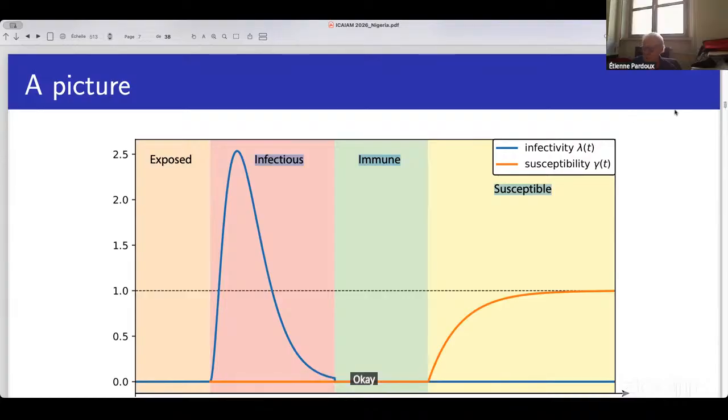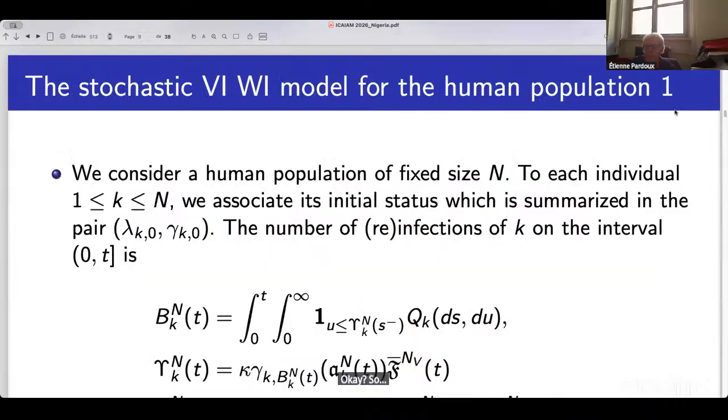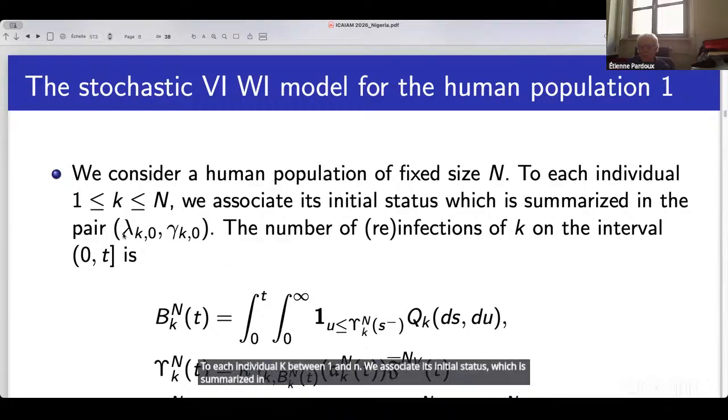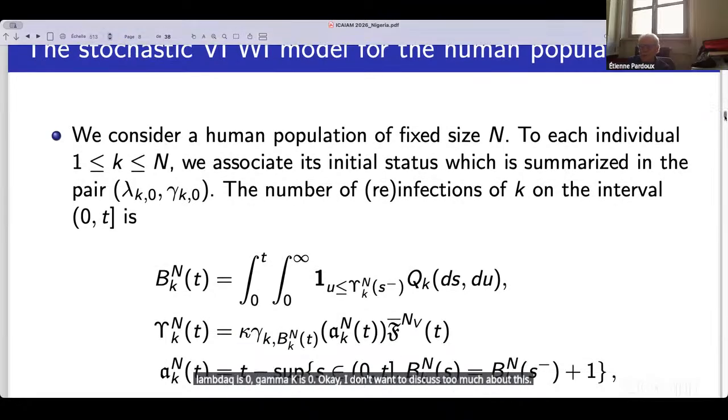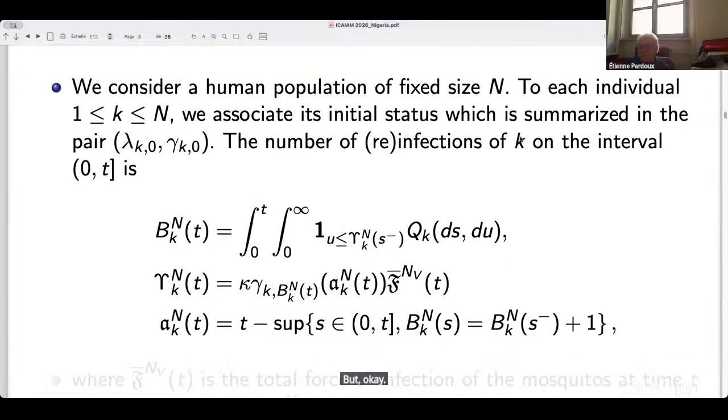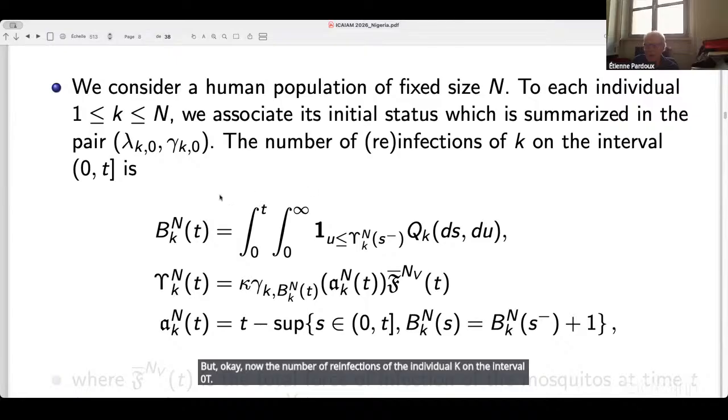Now we consider a human population of fixed size capital N. To each individual K between 1 and N, we associate its initial status, which is summarized in the pair lambda K0, gamma K0. I don't want to discuss too much about this. It's not too important. But now the number of reinfections of the individual K on the interval 0,t is given by this integral.